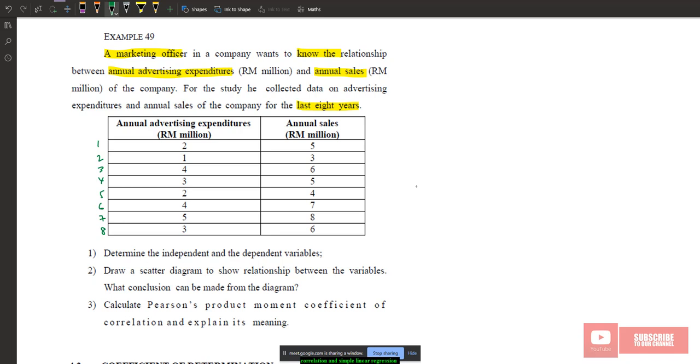The first part that we need to identify is which is the independent variable and which is the dependent variable. We need to ask ourselves: does advertising expenditure depend on annual sales, or does annual sales depend on advertising expenditure? Can you give me some answer?